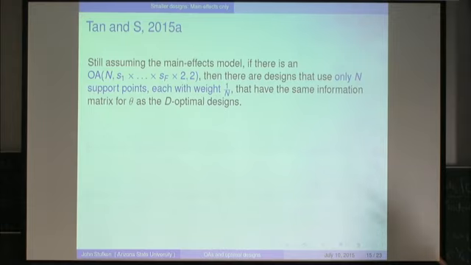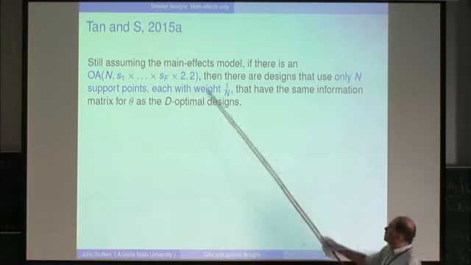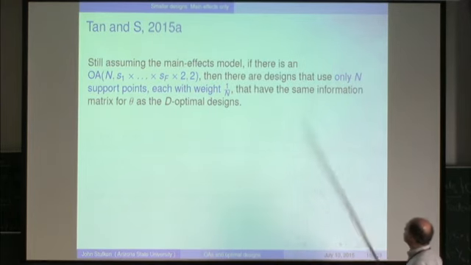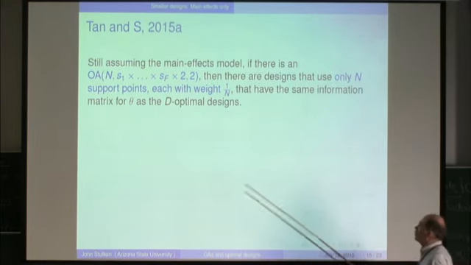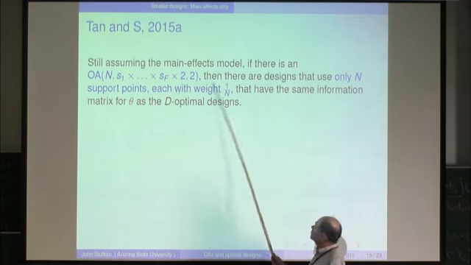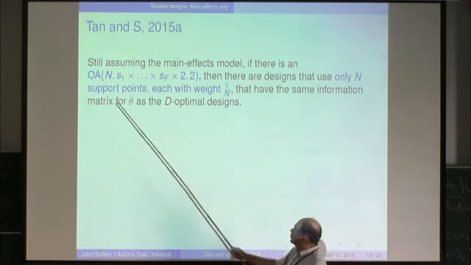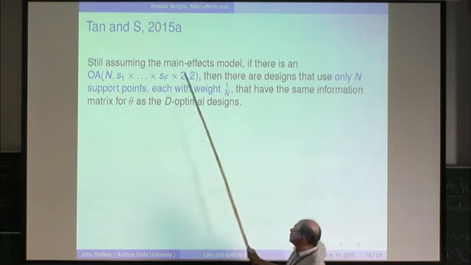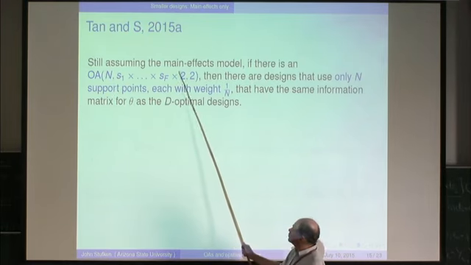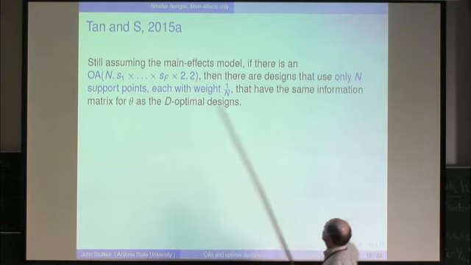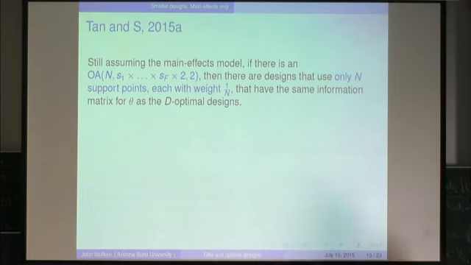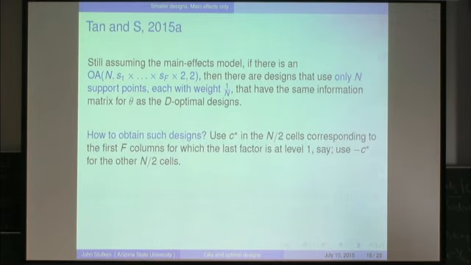Suppose I can do that and keep it of strength 2. If I can do that, then there are actually designs that use only n support points. Again, uniform on the support points. So rather than 2n, which I had at the time that I didn't have this 2 over here, I can now actually go to n design points, and they give me a D-optimal design for eta1 and eta2.